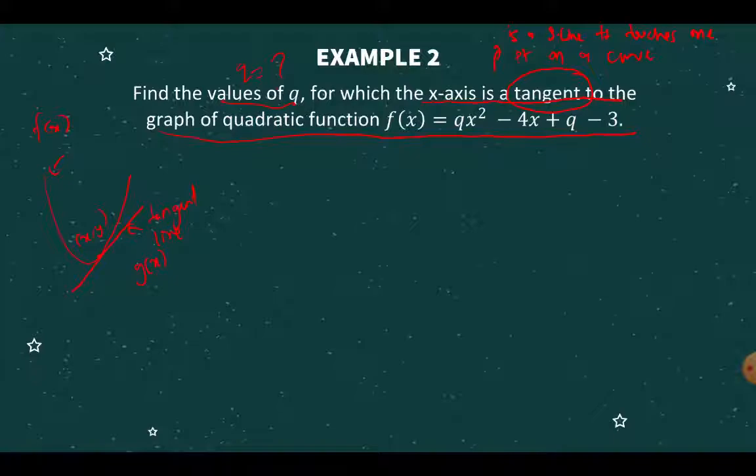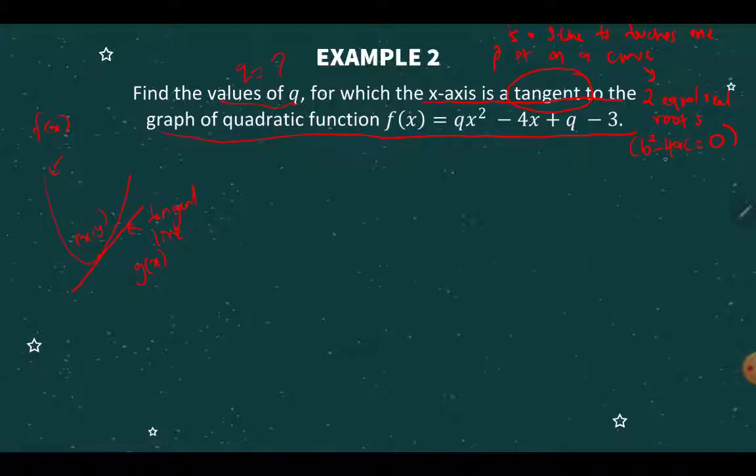So the keyword here, tangent, relates to two equal real roots. When we talk about two equal real roots, how about the discriminant? The discriminant must be equal to 0. So that is the main thing.